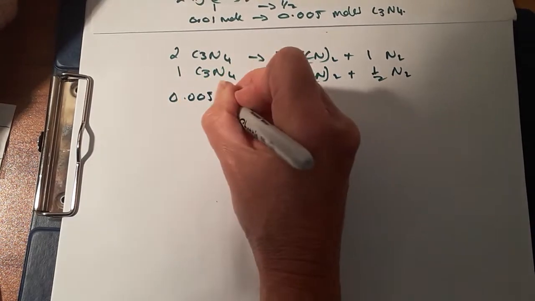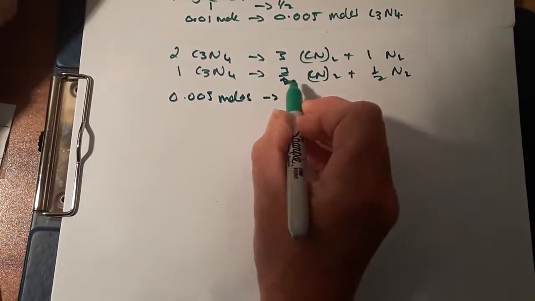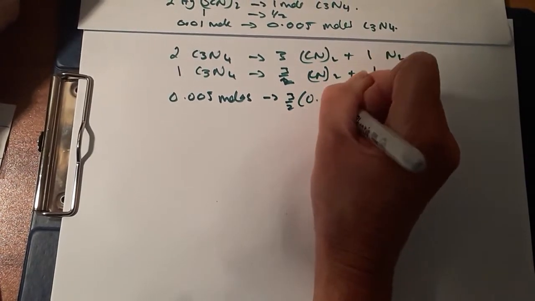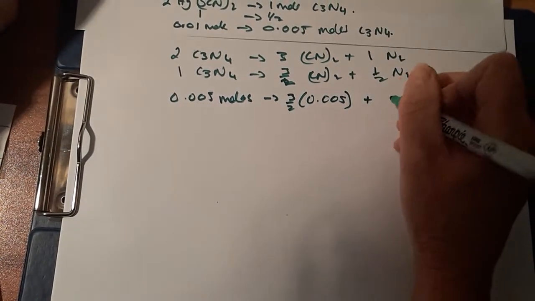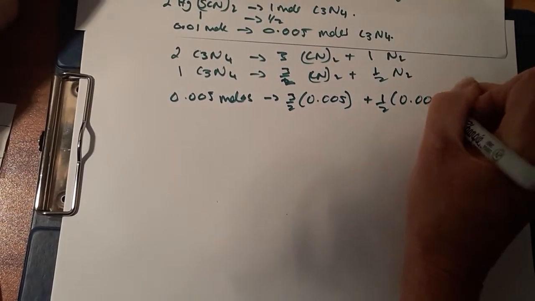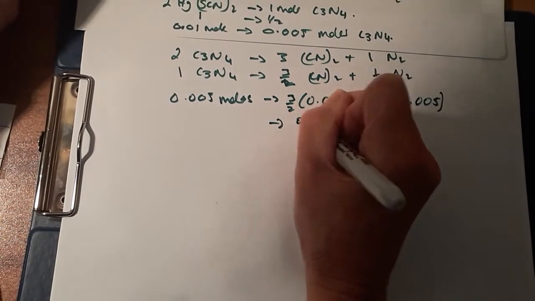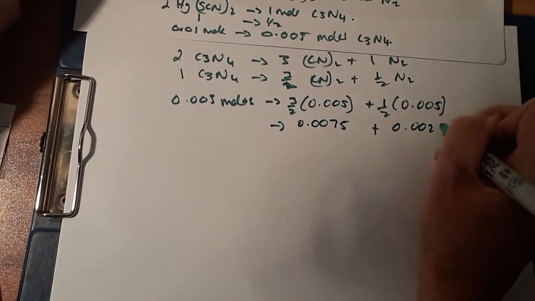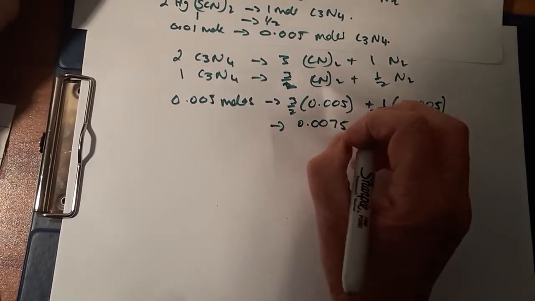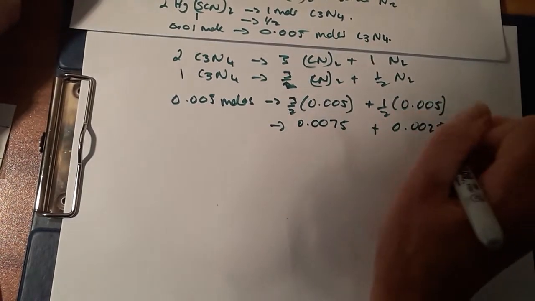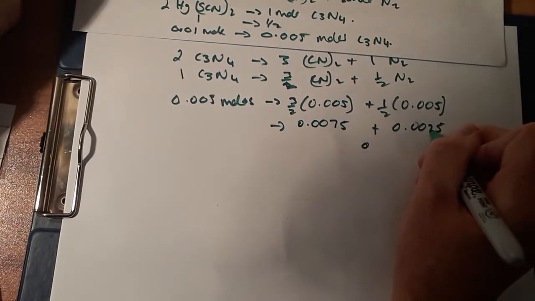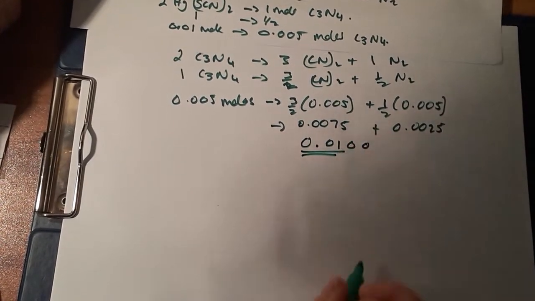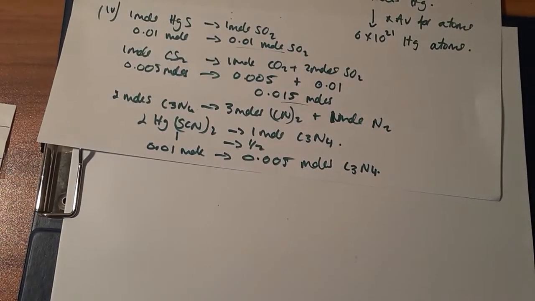So 0.005 moles of C3N4 will give me 1.5 times that, which is 3/2 by 0.005, plus a half of 0.005. So this is going to be 0.0075, and this one, of course, will be 0.0025. And when I add those two together, that will give me 0.01 moles.